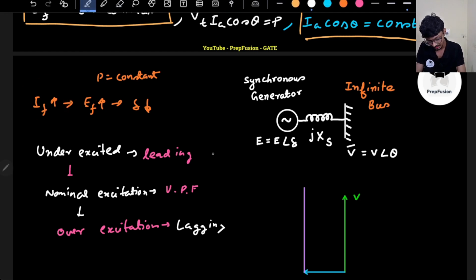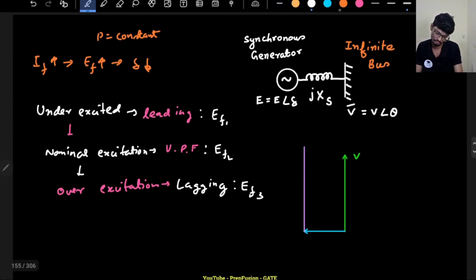So in all these cases, let's say this is EF1, this is EF2, this is EF3, with EF3 greater than EF2 greater than EF1.